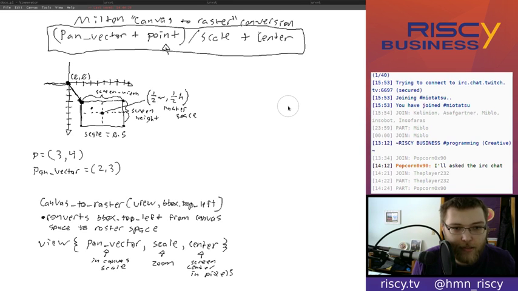Because it's 0.5 scale, it makes it 6x4 canvas units. So 12 by 8.